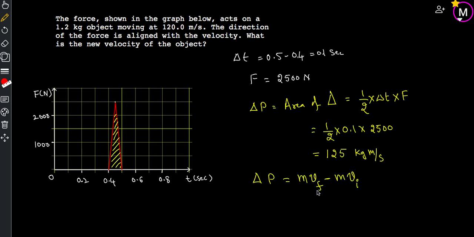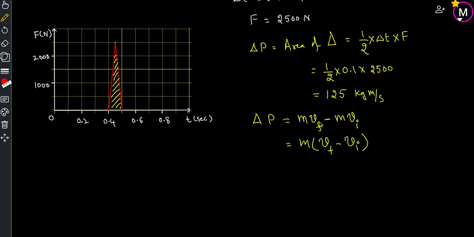That is, final momentum and initial momentum. So mass times Vf minus Vi, and this we have already calculated, that is 125.